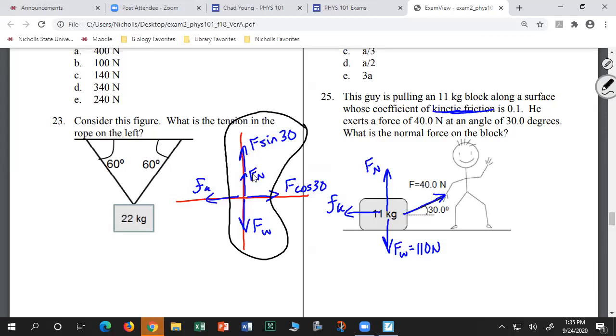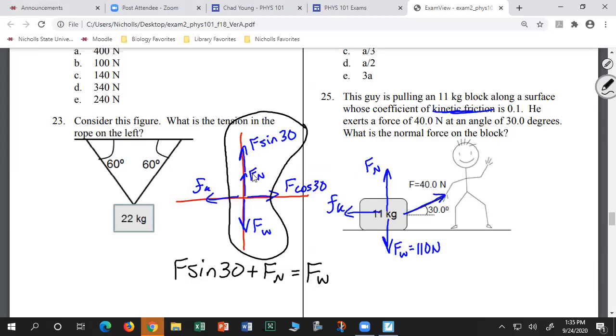So I can just jump right ahead into step 3 and say F sine 30 plus Fn is equal to Fw. Or really, I'd say F sine 30 plus Fn minus Fw is equal to 0. That would be sort of more correct, but I sort of skipped that step because I know that these forces in the positive y direction have to balance out these forces in the negative y direction.